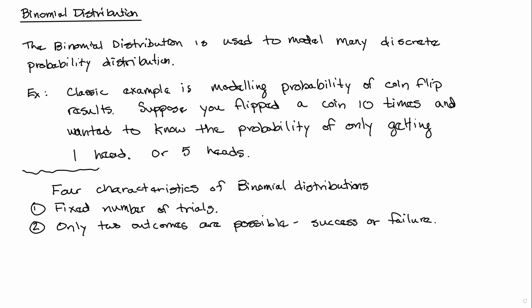There are only 2 outcomes possible, success or failure. So in this case, if we want to know the probability of getting 5 heads, then heads is going to be a success and tails would be a failure when you're going through and modeling that situation. The probability of the success must be the same for every trial.